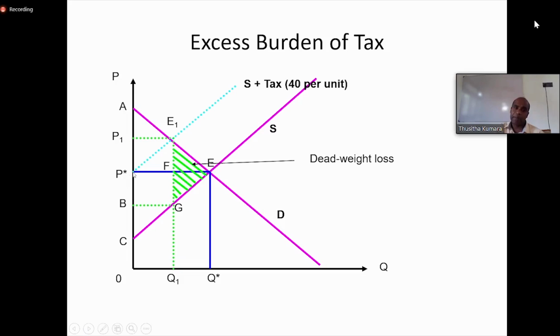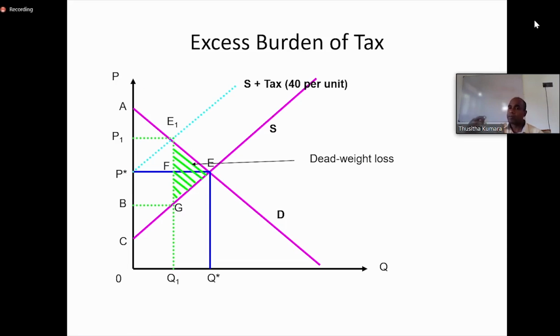A, E, P star will be the consumer surplus before tax, and producer surplus will be P star E C. So the total surplus to the economy will be A E C.